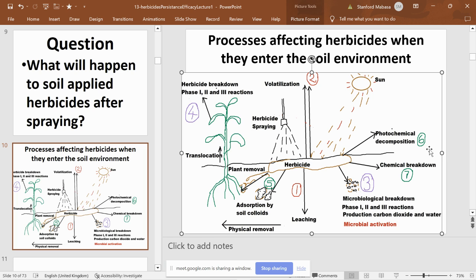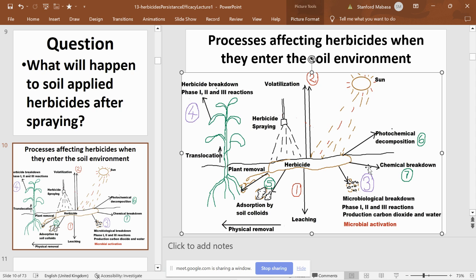There can also be chemical breakdown. These are simply chemical reactions, test tube type of reactions where no enzymes are involved. It's a simple reaction like that. Oxidation, it may be reduction, it may be hydrolysis, and this can actually cause the herbicides to break down.